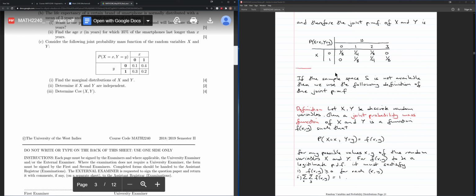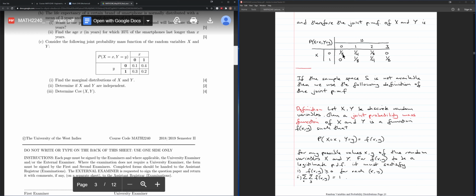Now, in order for it to be a PMF, well, each one is a probability. So for example, the probability that x is equal to 0 and y is equal to 0 is 1/8. The fact that it's a probability means that it needs to be bigger than or equal to 0. That's what this is saying. And then if you look at the sum of your probabilities, remember, this goes back to the fact that it came from the sample space of an experiment.